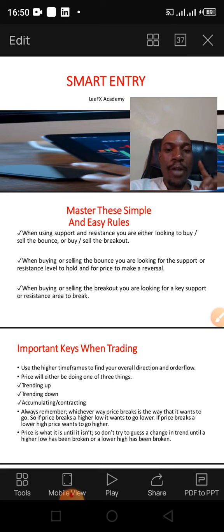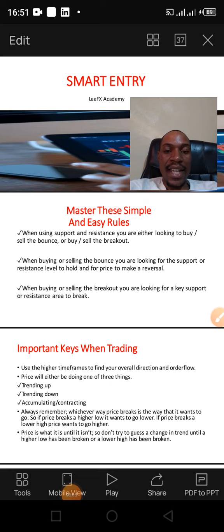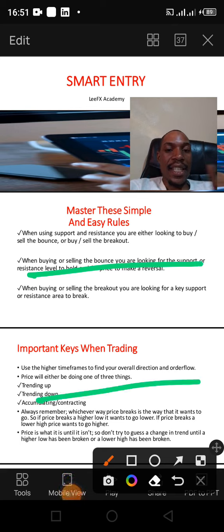So if you are looking for the breakout, what you are simply looking at is the resistance, then the support. You are looking at the key level.